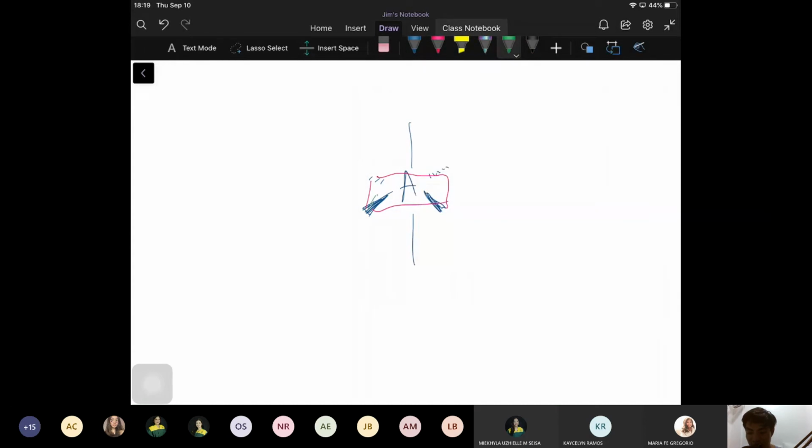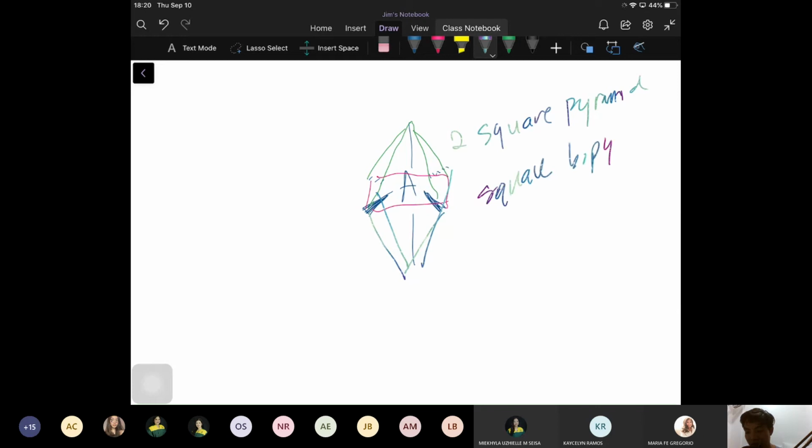Yung nasa taas, we can form a square pyramid here. And yung nasa baba, we can form another square pyramid there. So, dalawang square pyramid, or square bipyramidal.